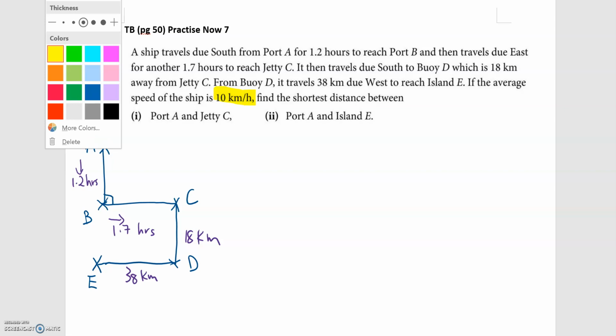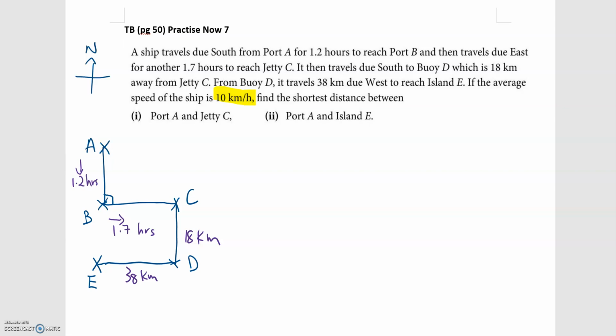So I can actually find the distance from A to B and from B to C using this. Okay, so if I want to find the distance AB, I will use DST to find the distance, which is speed times time. So the speed is 10 kilometers per hour.